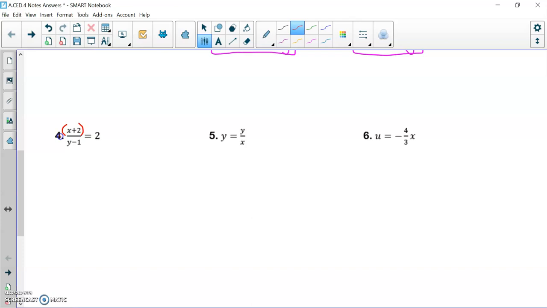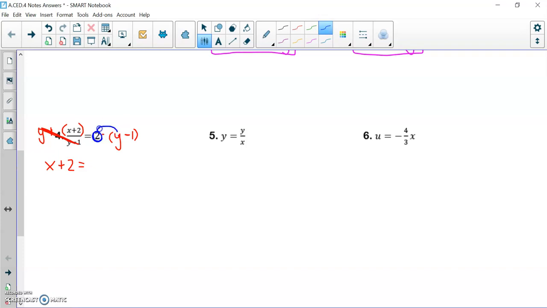So what I'm going to first do is multiply by y minus 1 on both sides. But since I'm multiplying by 2 terms, I need to put those 2 terms in parentheses because y minus 1 divided by y minus 1 cancels out and I'm left with x plus 2. But what happens on the right side is this 2 needs to be multiplied by the whole y minus 1.